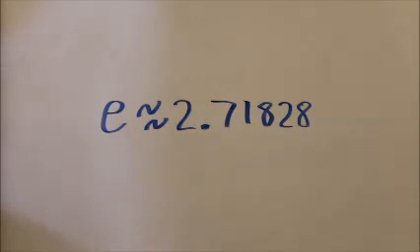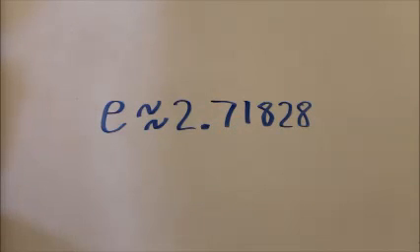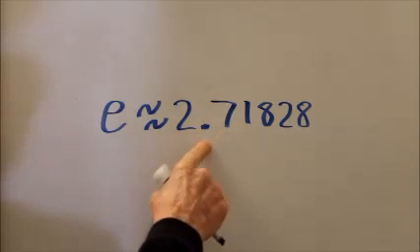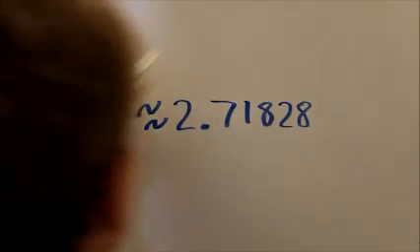Why would anybody pick that and consider it special for any reason over any other number, like 2 or 10 or the square root of 2 or pi or anything else? Why would they pick this? Well, as things work out, this number has a variety of interesting properties.